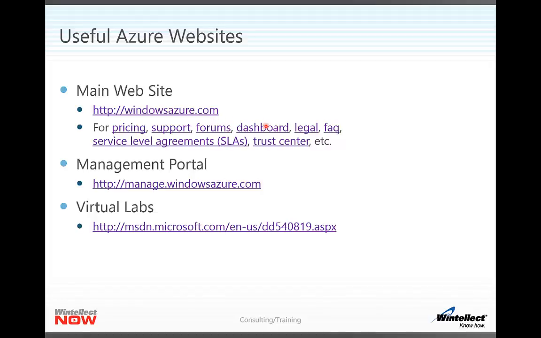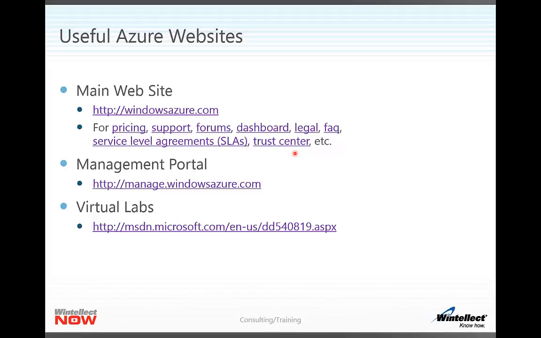There's the dashboard where you can see how the service is doing, like are they experiencing any problems inside the data centers now. There's legal information here, frequently asked questions here. There's also a trust center. A lot of times people ask questions about if I put my data up there, what kind of guarantees does Azure make me, and what kind of security is there around that data? The Trust Center can give you that kind of information.